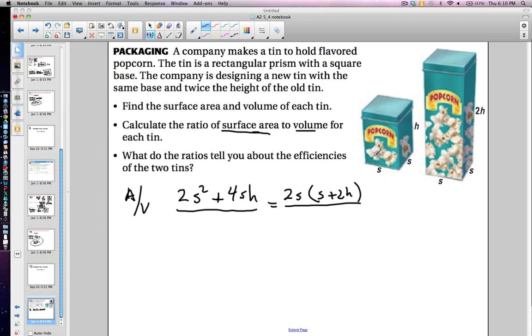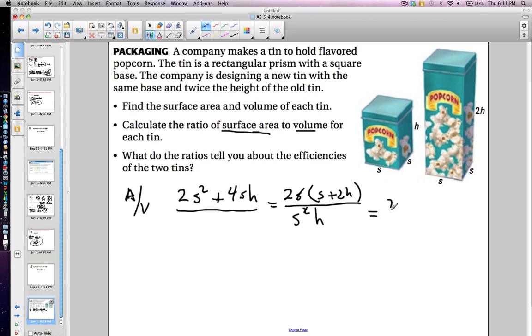Now when we take a look at the volume, the volume is going to be s times s times h, so s squared h. Okay, so when you start looking at what we can cancel, I can cancel an s, and that's about it.